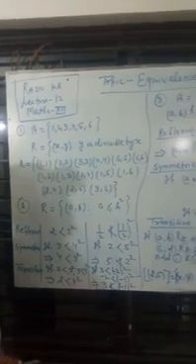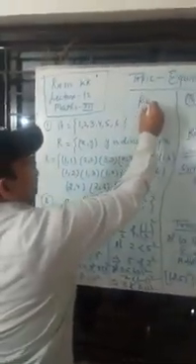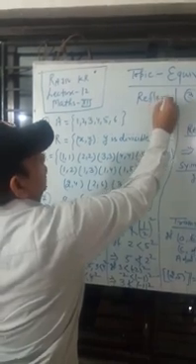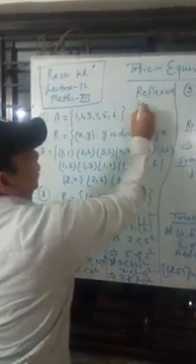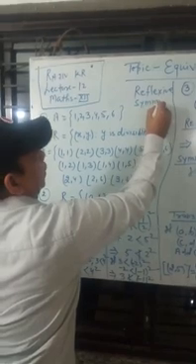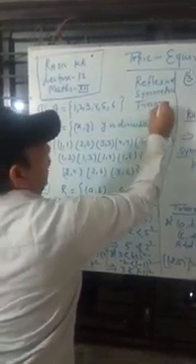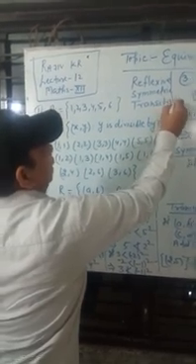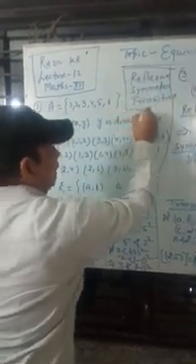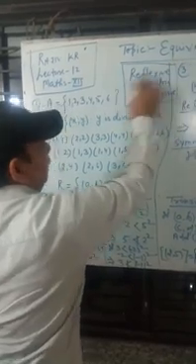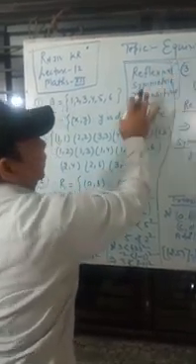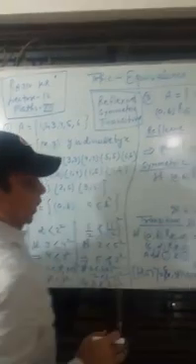You learned that there are mainly three types of relations: reflexive, symmetric, and transitive. If any relation follows these three types, reflexive, symmetric and transitive, that will be an equivalence relation.